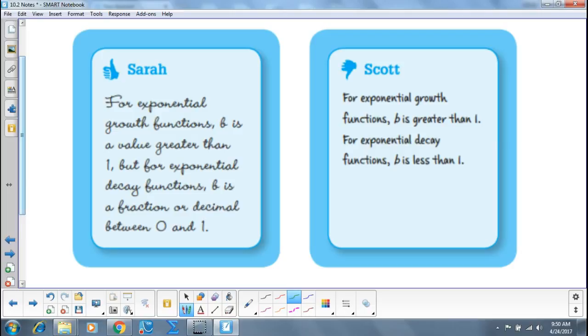Scott said, for exponential growth functions, b is greater than 1. For exponential decay functions, b is less than 1. The question that I have for you now is why is Scott wrong?